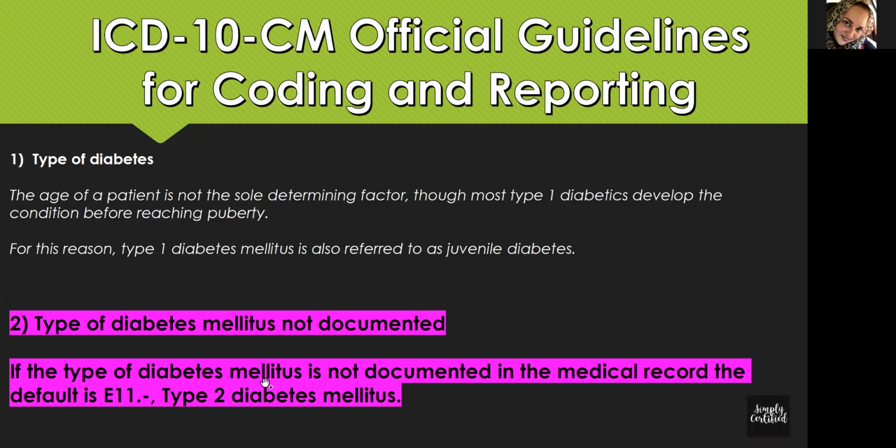The types of diabetes are addressed in the guidelines. I didn't highlight it because I'm going to go in depth on this later. But the patient's age isn't going to be the only factor you're going to consider when you're picking your code for the diabetes.